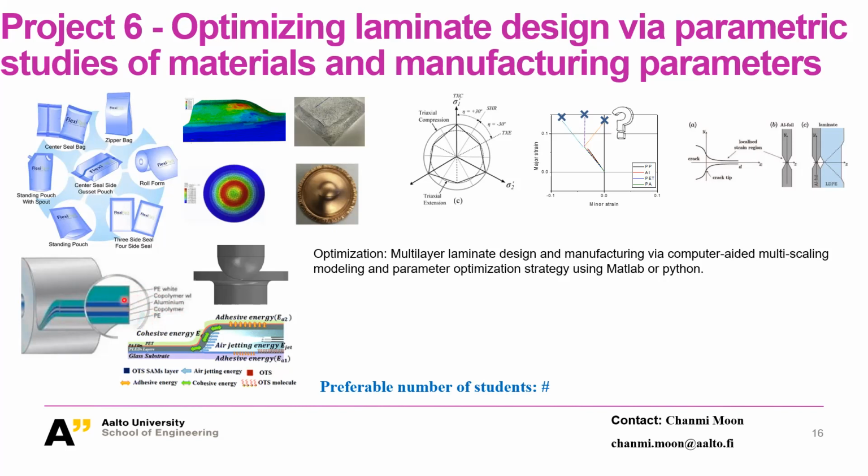So the components can be very varying. My research is about the laminate battery. I'm working on packaging material for batteries, but this kind of packaging material is everywhere in our everyday life.